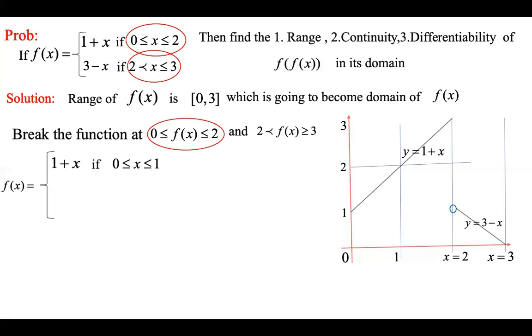And the next piece is when we observe that f of x is from 2 to 3, then x is from 1 to 2. In that case, f of x is 1 plus x, which is given.